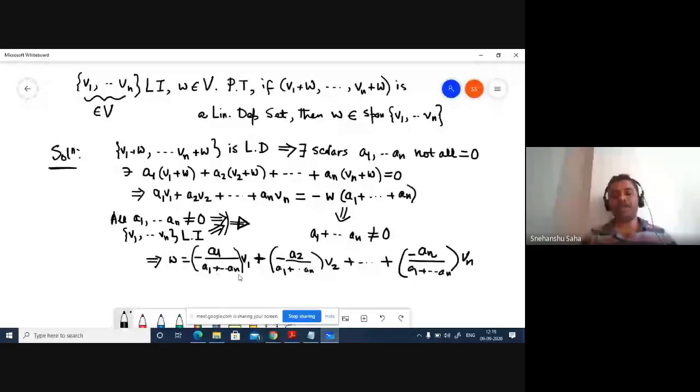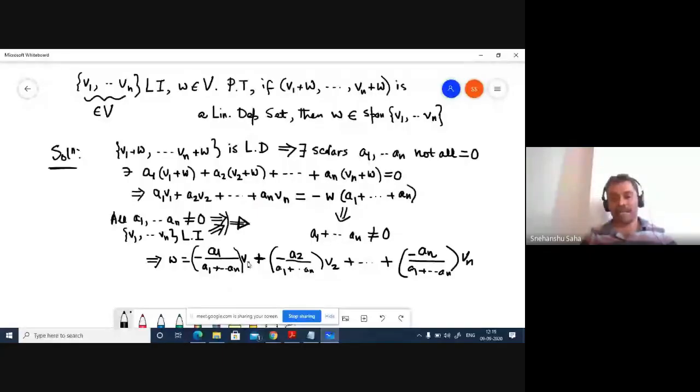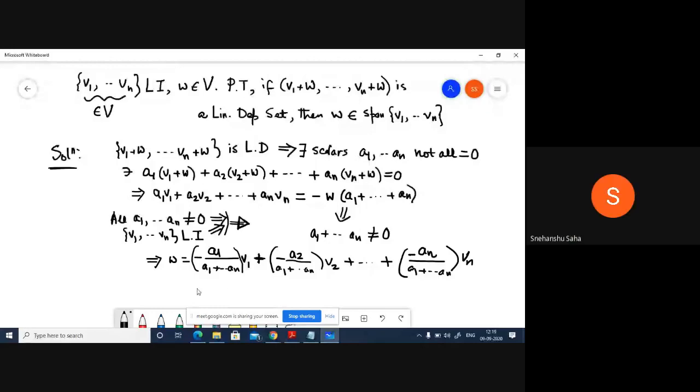Because if the denominator is zero, then this expression will not make sense. Now, since the denominator is non-zero, and we also know that some of these A1 to ANs are not zero, that implies that W will be in the span of V1 to Vn.